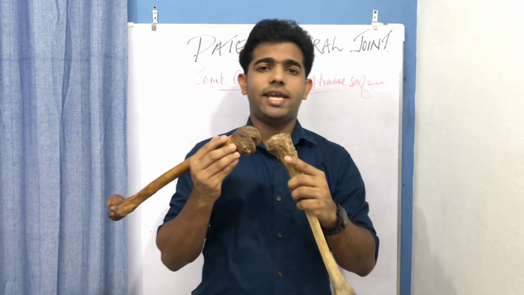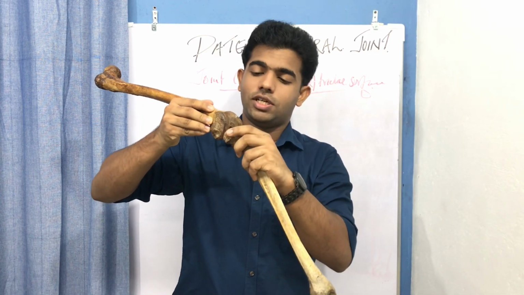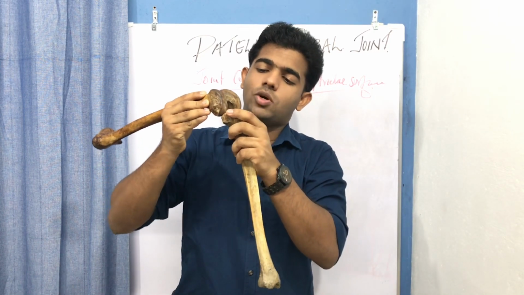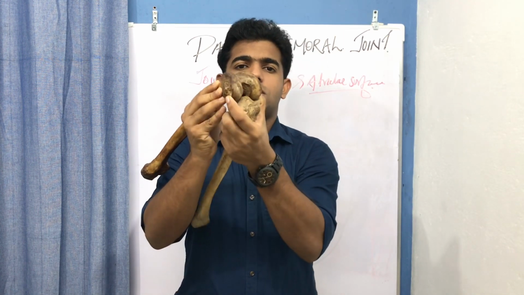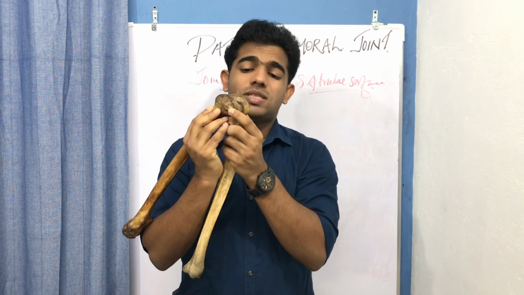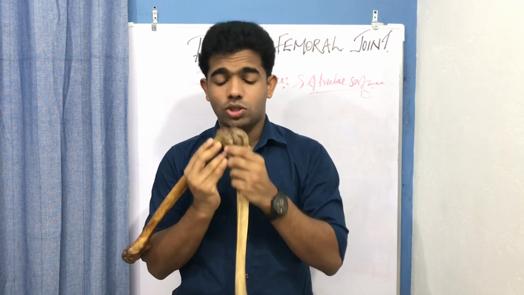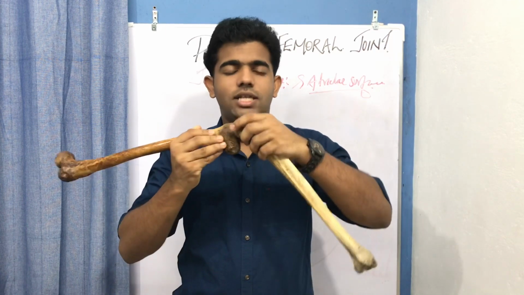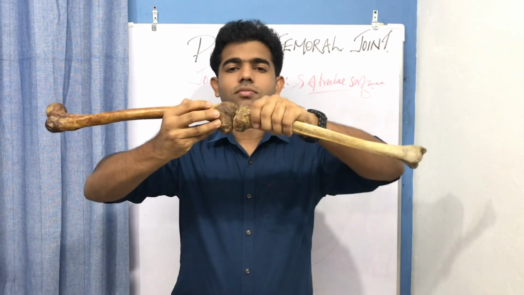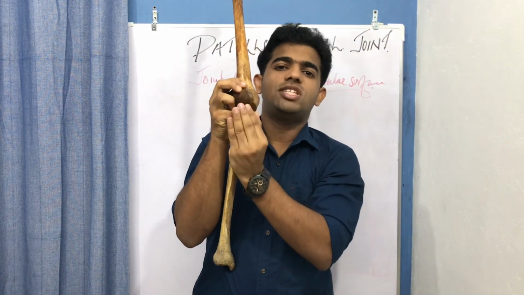For better understanding, let us look at it like this. Now the patella sits over here at extension. When flexion happens, it drags on and reaches this condylar notch, which increases the stability of the patella. So stability at this particular position is not a matter of concern because it is in that notch and it is highly stable. But that's not the scenario at extension. At extension, it is simply sitting over here and it has to be stabilized.